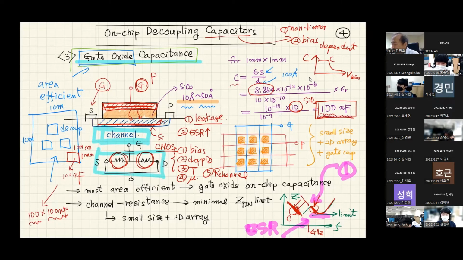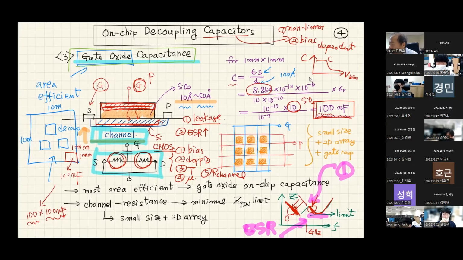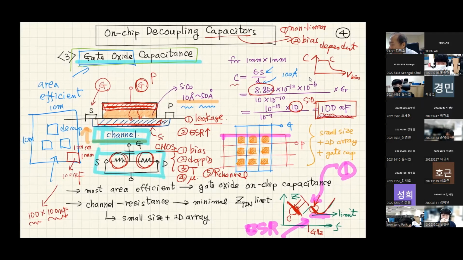If you use a large size gate capacitance, this channel resistance will increase. So one approach is that you make very small size capacitances and you make a power grid and ground grid. And this grid size is made as small as possible. Then this channel length will be decreased, and we can minimize the ESR.